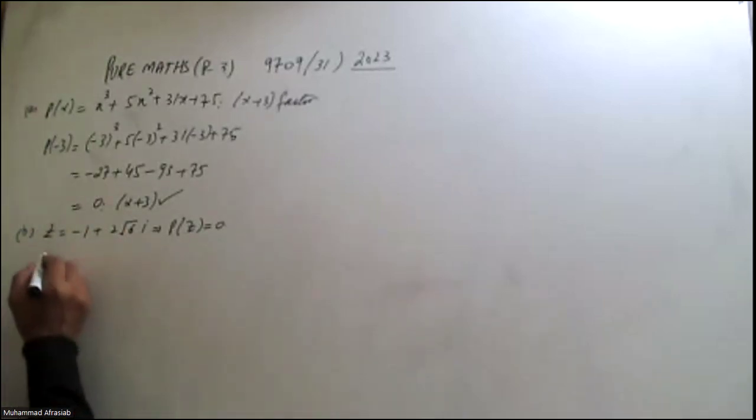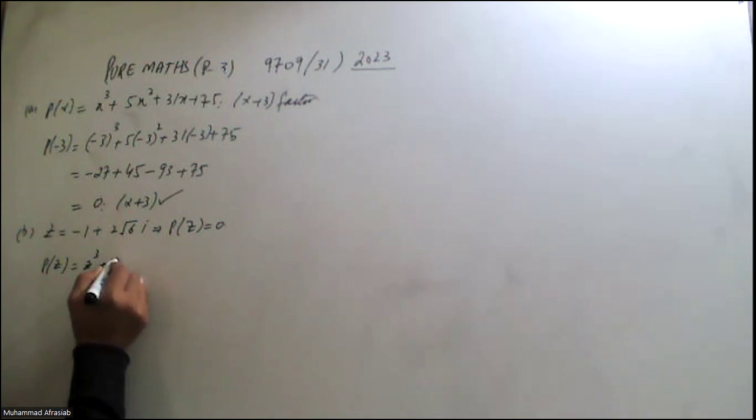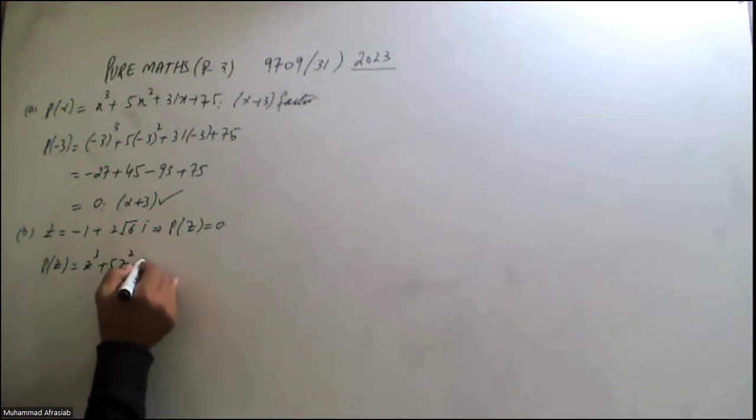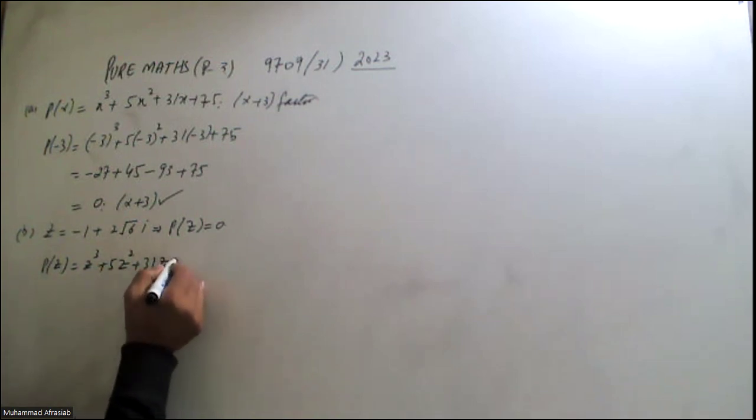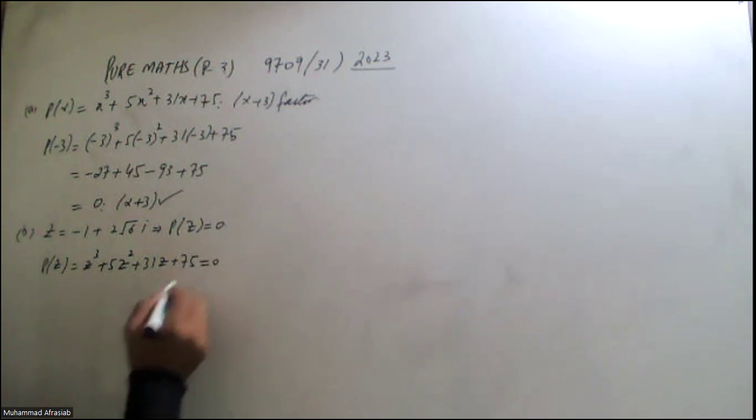So we can write P of x in terms of P of z, that is z cubed plus 5z squared plus 31z plus 75. Now we are going to solve it with respect to this.